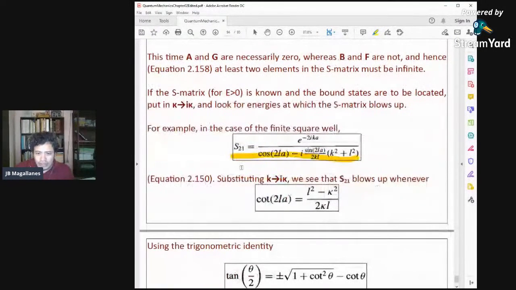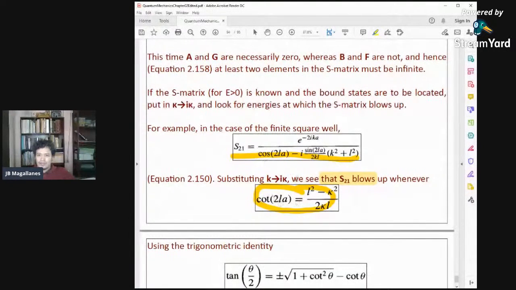If you substitute kappa to ik, S12 blows up whenever you have this condition.